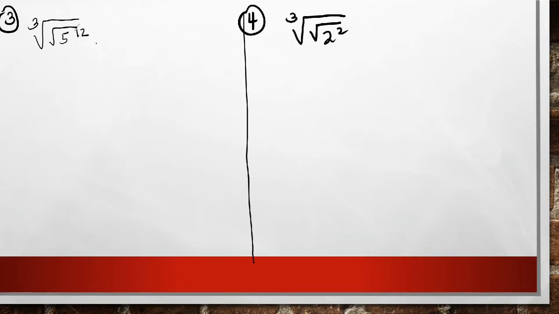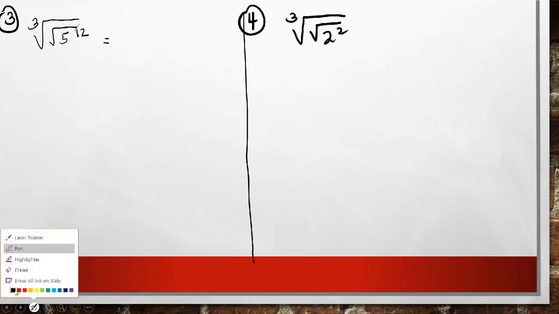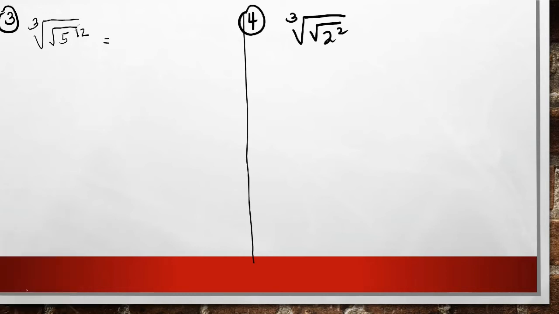First, let's factor our exponent. It becomes the cube root of the square root of 5. And since our inner index is squared, our outer exponent should be 2.